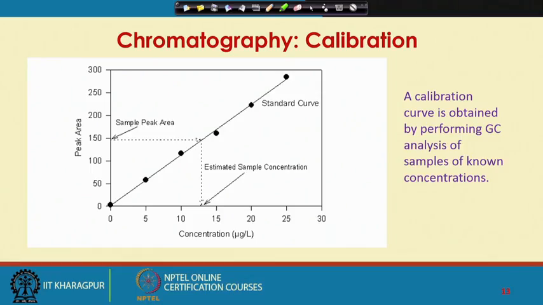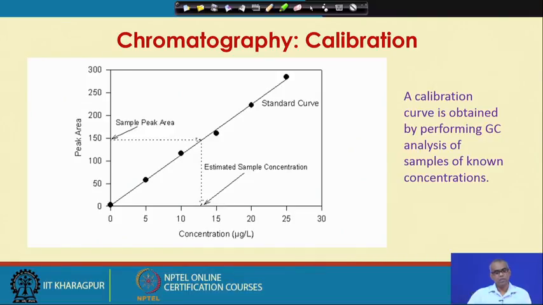Once you have this information, you can draw a graph of peak area under the curve versus concentration. On the figure on the screen you see that I have plotted the area under the curve versus concentration. This has been done for a particular component.